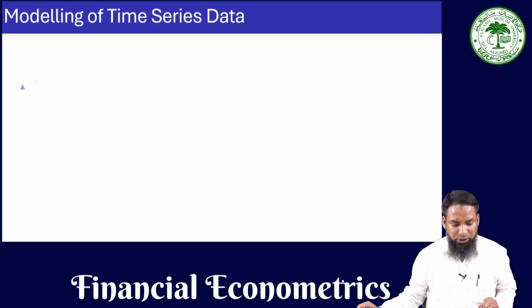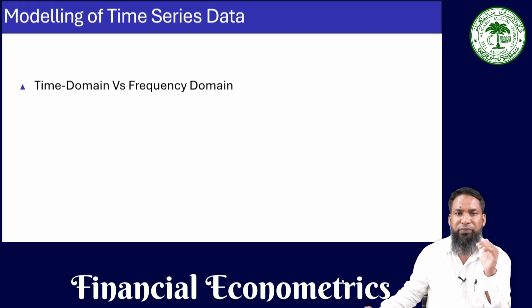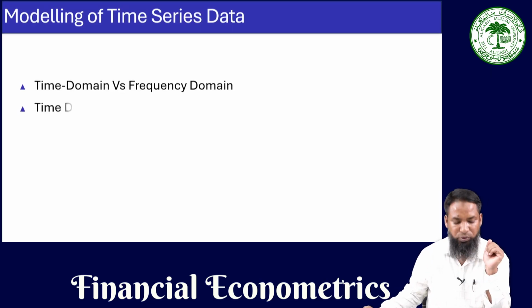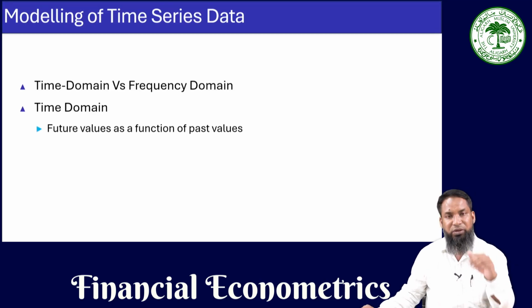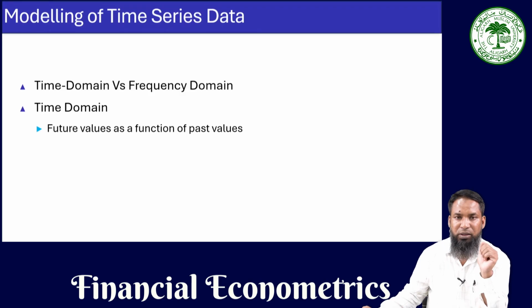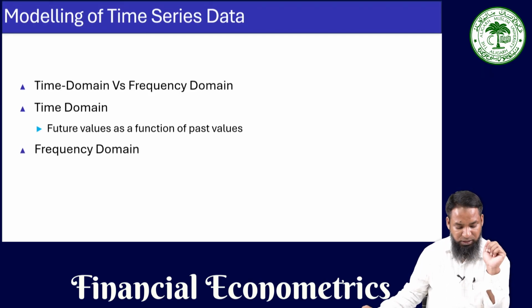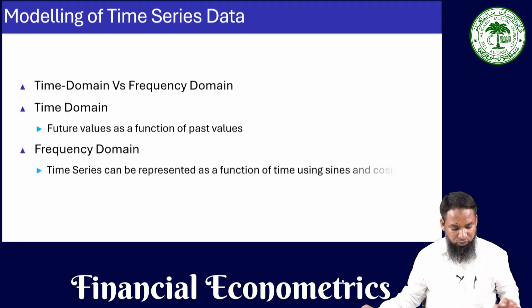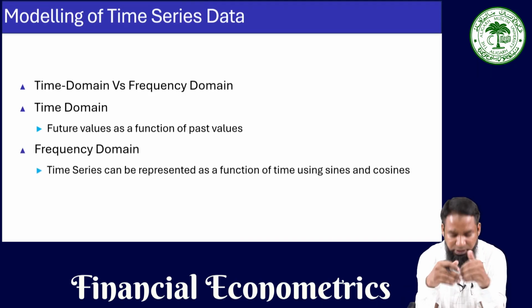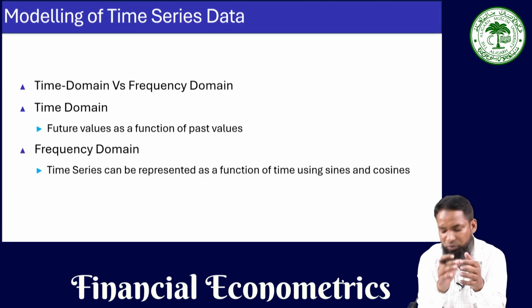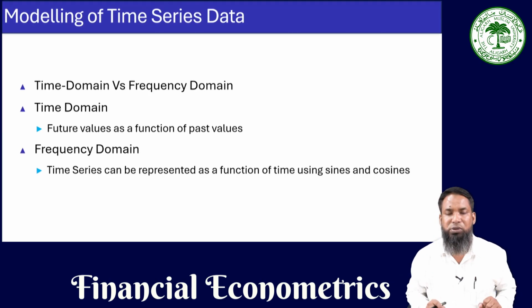In time series modeling, there are different approaches. First is time domain versus frequency domain. In the time domain, we assume that future values are a function of past values. However, in the frequency domain, the time series is represented not as a function of discrete time but in the form of sines and cosines.